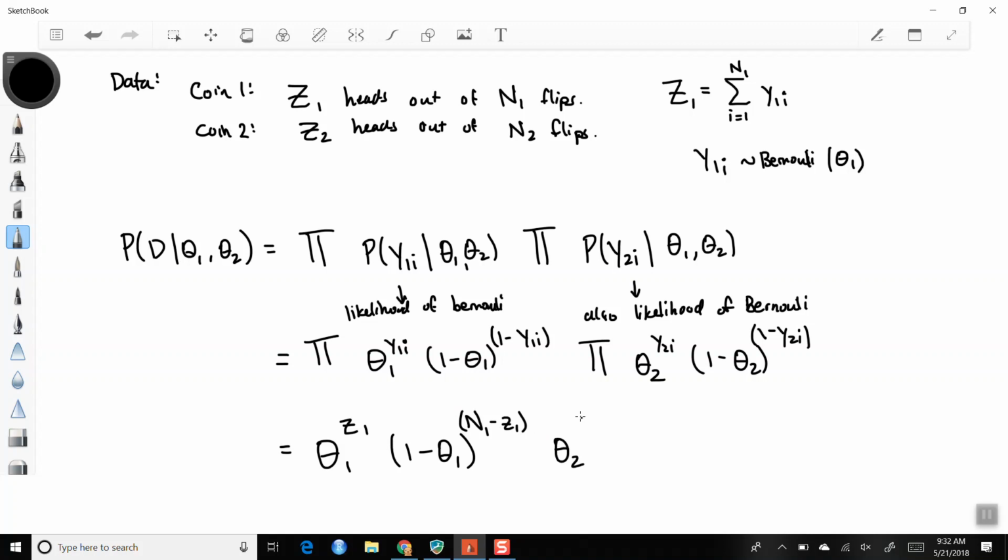This is theta 2 raised to the z2 and 1 minus theta 2 raised to the n2 minus z2. And at this point, we recognize we just have a product of Bernoulli likelihoods, again, because of our coins and our buckets and everything.